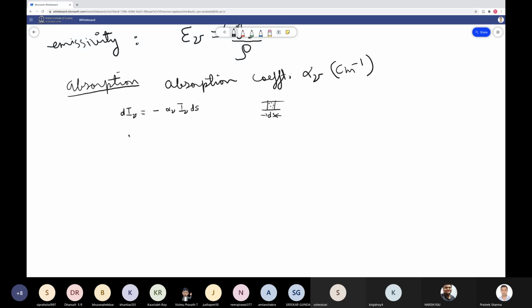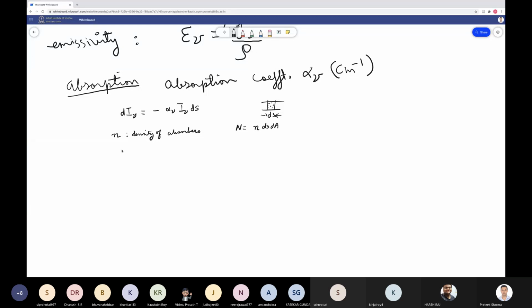Okay, so if you have absorbing particles which have a number density n, this is the number density of absorbers, then the number of absorbers in this section is equal to density times the volume.